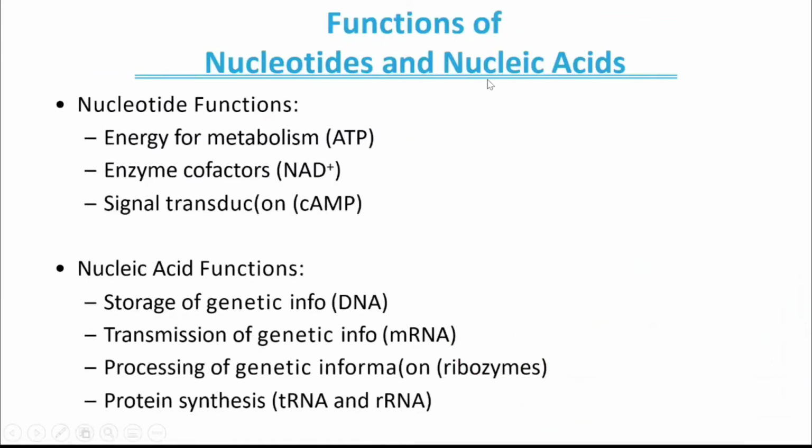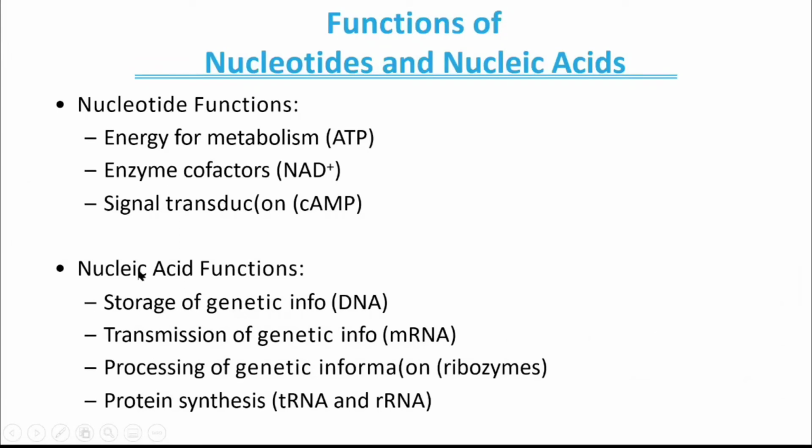Okay, so nucleotides and nucleic acids, what are their functions? Nucleotides, those individual units, are used as energy for metabolism; we know ATP is the energy currency of the cell. They can serve as cofactors for various enzymes. They can also be used for signal transduction.